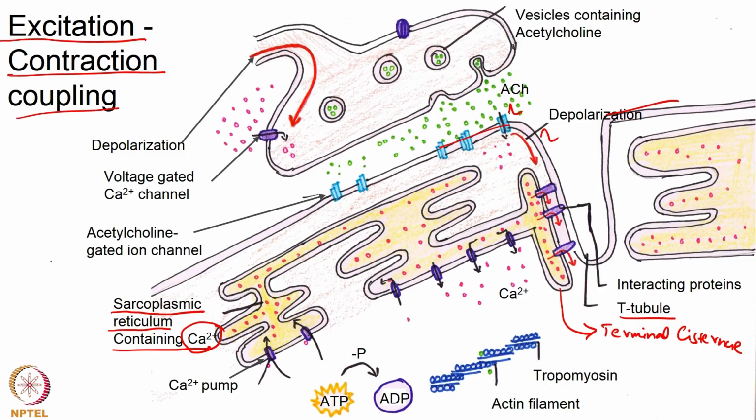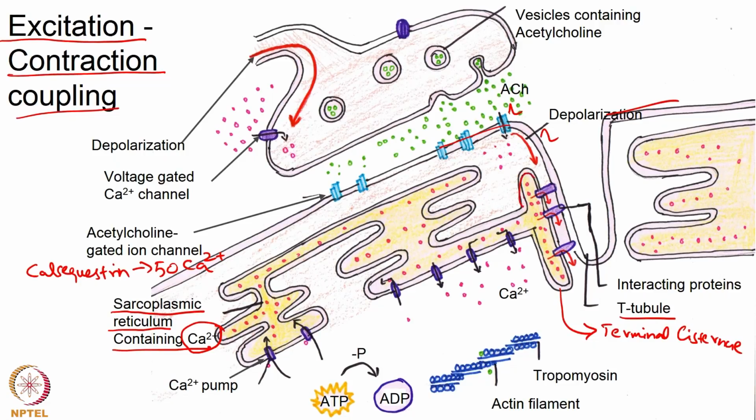Calsequestrin is capable of attracting up to 50 calcium ions. So, because of the special nature of calsequestrin, the sarcoplasmic reticulum stores a very large amount of calcium, and its terminal cisternae are close to the T tubule.